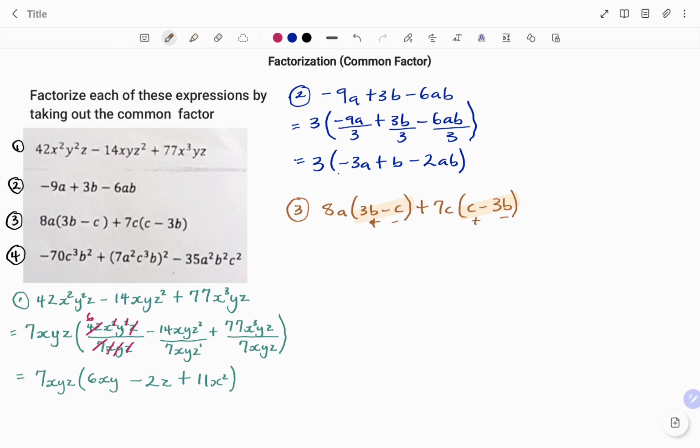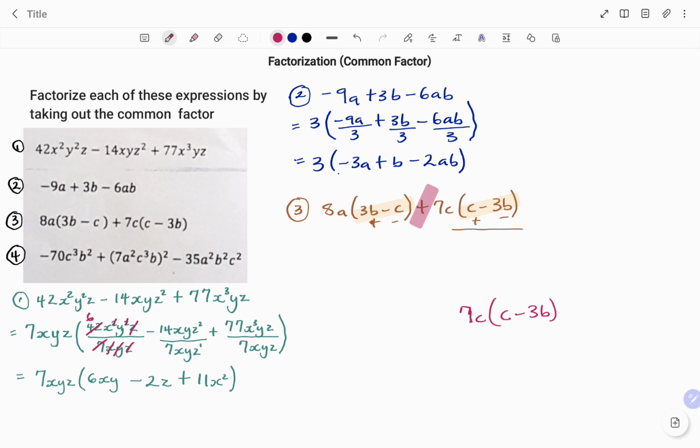To make the content of the bracket the same, we are going to change a sign, or take out -1, such that it alters the content of this bracket. Let me illustrate quickly. I have +7c(c - 3b).